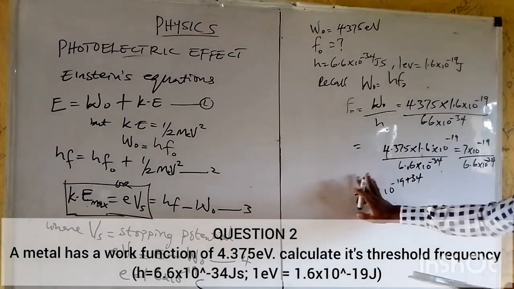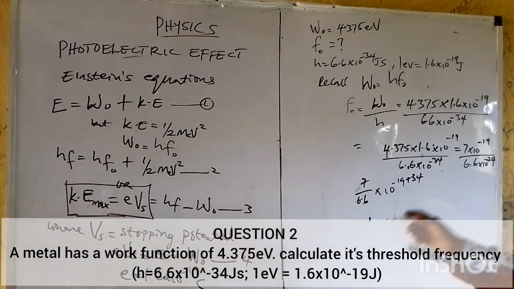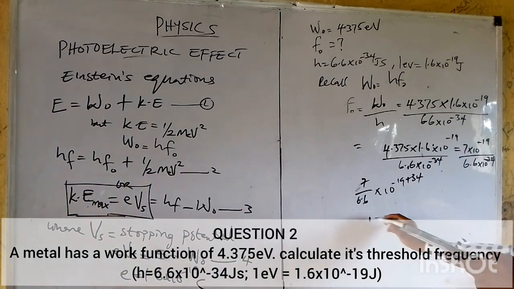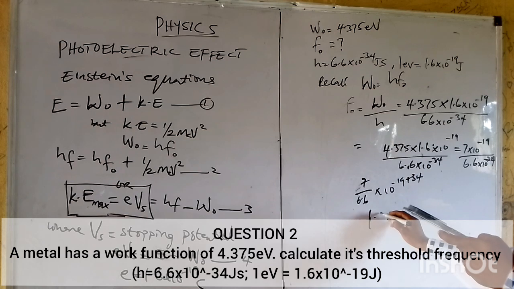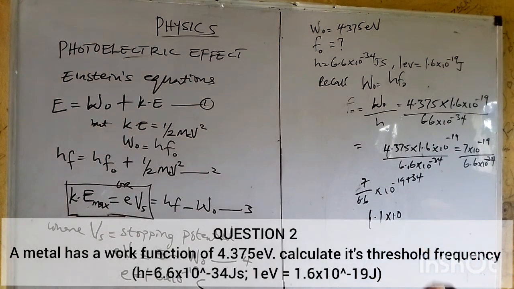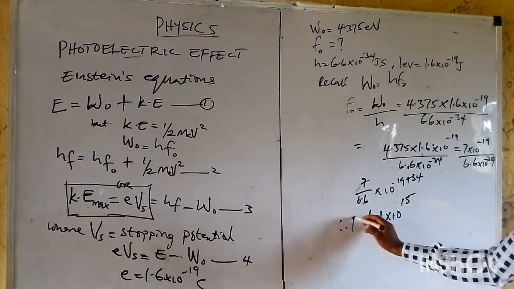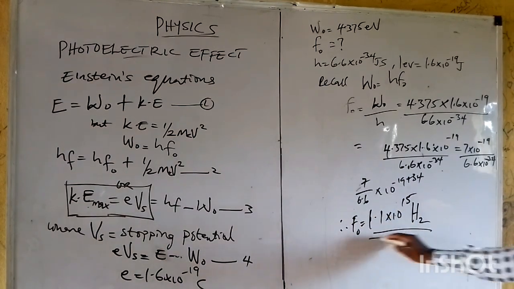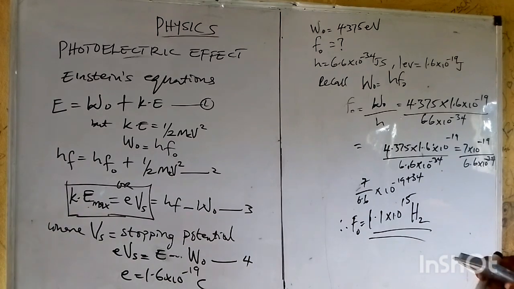So 7 over 6.6 gives us 1.1 times 10 raised to the power minus 19 plus 34, which is 15. So our threshold frequency is 1.1 times 10 to the power 15 Hz. That is the threshold frequency of that emitted radiation.